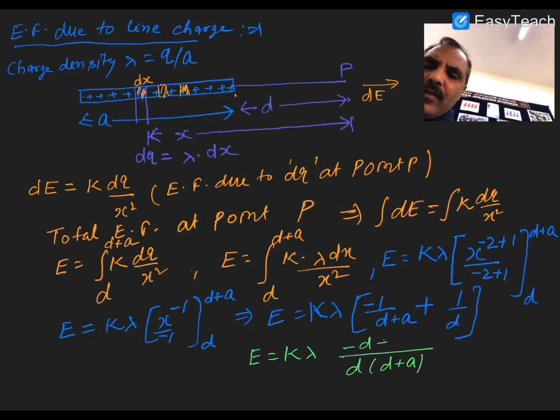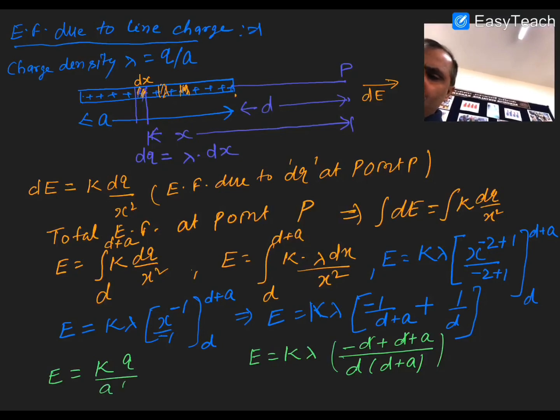The d cancels out, and E is equal to k lambda times a upon d into d plus a. Lambda is equal to q upon a, so the a cancels out, and the final answer is kq upon d into d plus a.